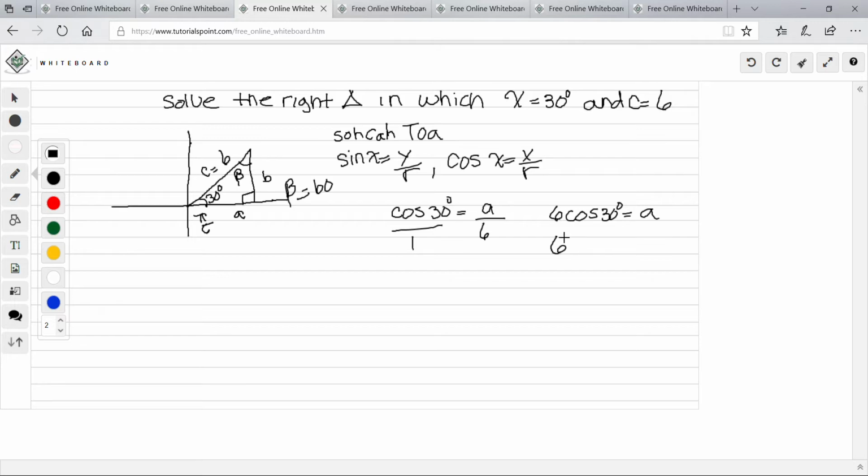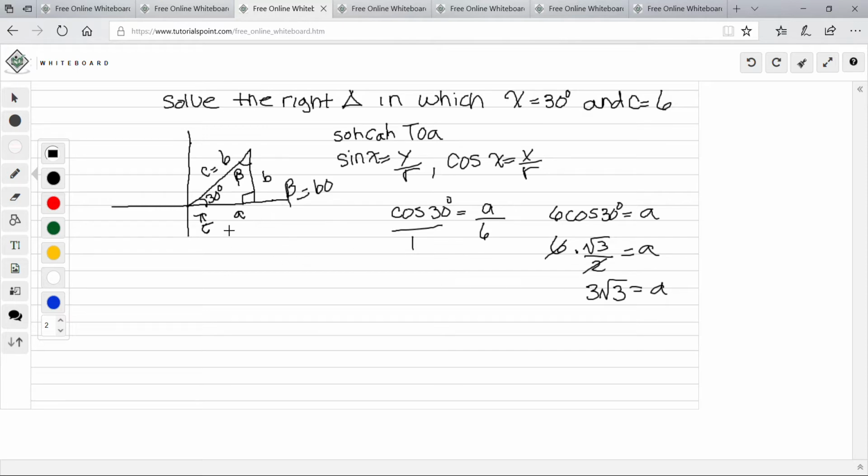So cosine of 30 is root 3 over 2 equals A. That simplifies: 6 divided by 2 is 3. So it's 3 times root 3 equals A. Okay, so we know what the A value is.